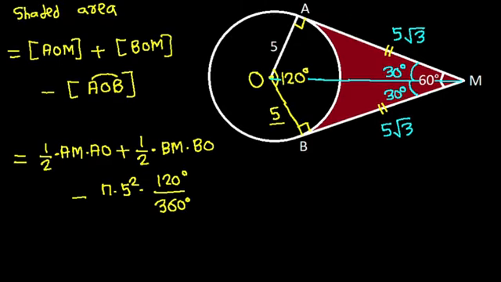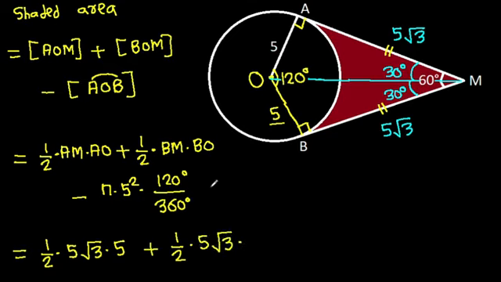and it is equal to 1 over 2 times AM, which is 5 root 3, times AO, which is 5, plus 1 over 2 times BM, which is 5 root 3, times BO, which is 5, minus pi times 25 times 120 over 360. 120 times 3 is 360.